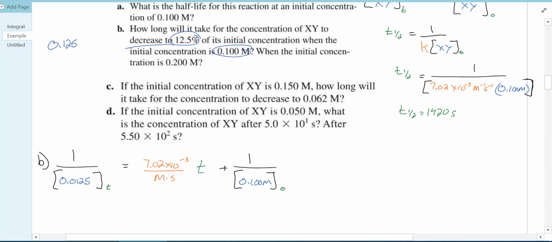That's 12.5% of 0.1. And now we solve. So how do we solve? Well, I would have 1 divided by 0.0125 minus 1 divided by 0.1. You can do the math first if you want.